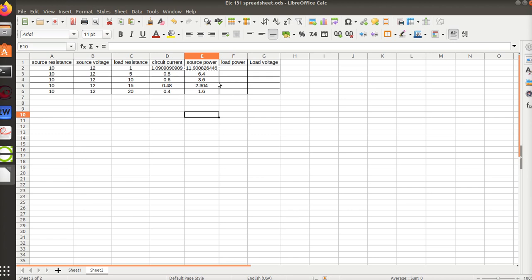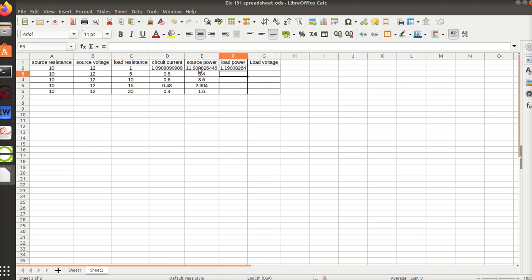I'm going to do the same thing to calculate load power. So I'm going to take my current and I'm going to square it. D2 times D2. And yes, you can square things differently if you'd like to. And now I'm going to go to with my load resistance, which is C2.